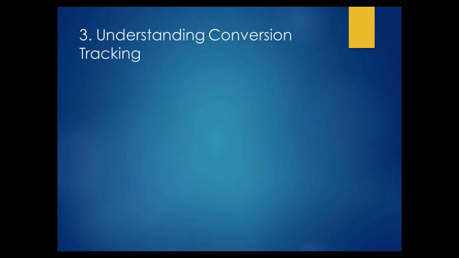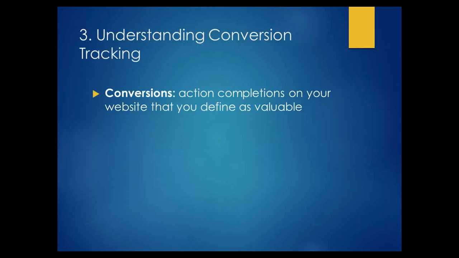Okay, so let's move on to number 3, which is conversion tracking. I really stressed conversion tracking before because this is where, I believe, you'll get the most value from Google Analytics. So first, let's talk about what conversions are and just reinforce this concept. A conversion is an action completion that happens on your website, and it's something that you define as valuable.